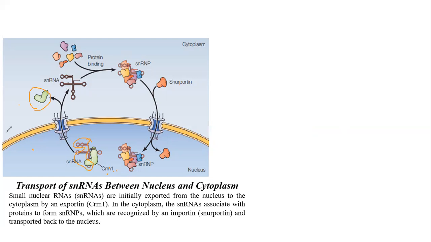So that will be taken back inside, if you remember from the previous diagram, with the help of RAN GDP. Now these are the protein binding; this will go and bind to these snRNPs. Now the entire thing will be taken inside. What is snurportin? A kind of importin. So this will bind over here and will come inside. So this particular thing is now present in the nucleus for its function. Clear guys?